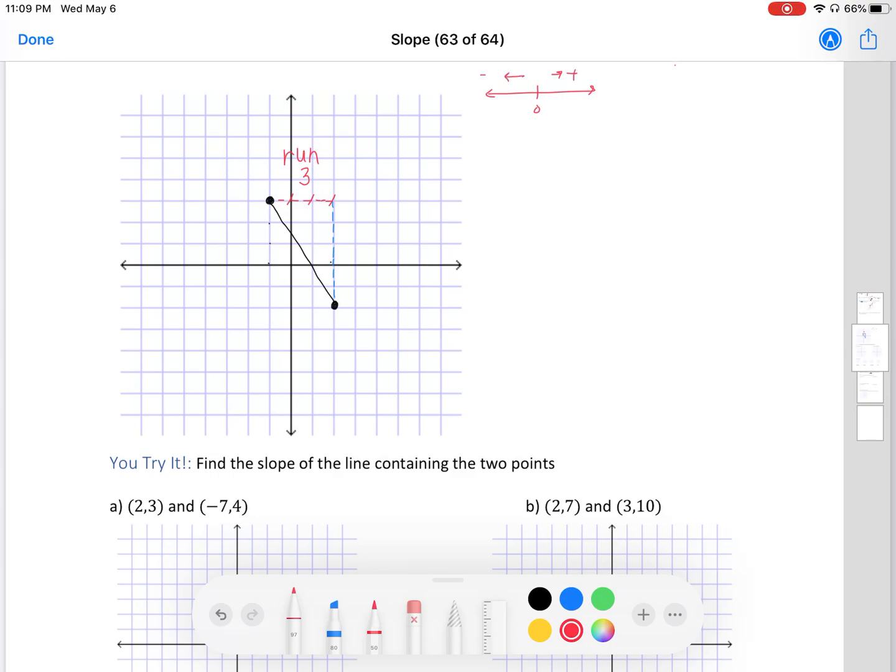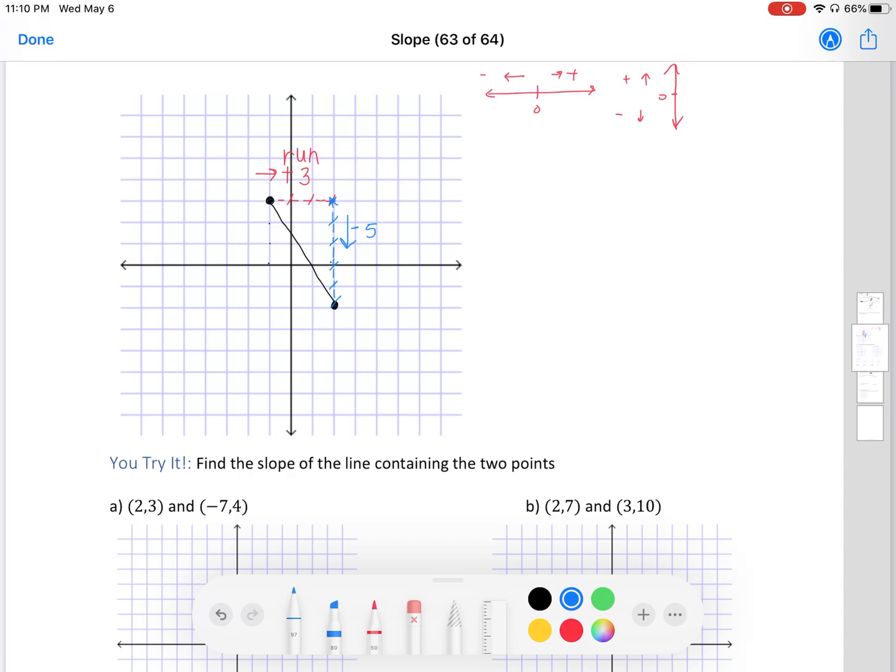And on our vertical line in the Cartesian plane, above 0 we have positive numbers and below we have negative numbers. So let's attach that same sign. We ran to the right 3, so we can write a +3. Now our rise, from this point, we go 1, 2, 3, 4, 5 units, and we went down, right? So let's add a -5.